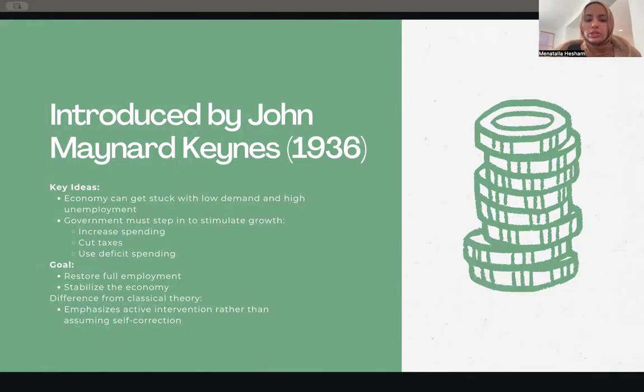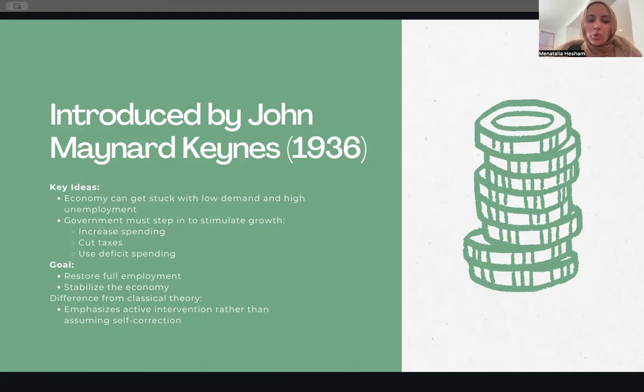So here is Keynesian economics. In 1936, John Keynes introduced a new economic theory that changed how economists viewed government intervention. Keynes argued that the economy can remain stuck with low demand and high unemployment.